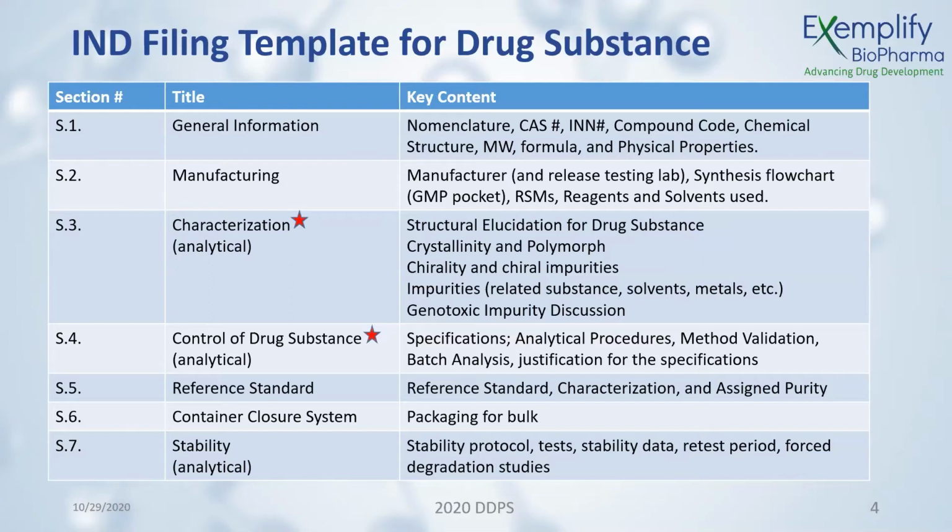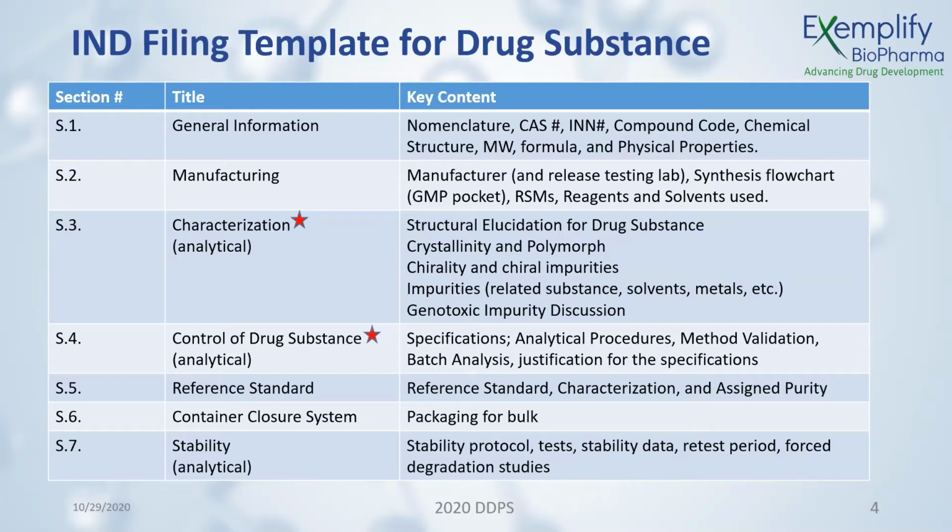The third one is compound characterization or structural elucidation, which includes 2 parts. The first part is for your compound: structural elucidation, including chemical composition, crystallinity, polymorph, chirality, and chirality control.